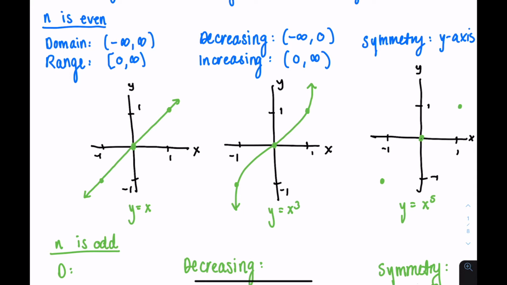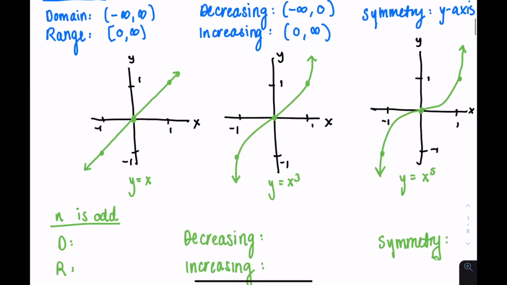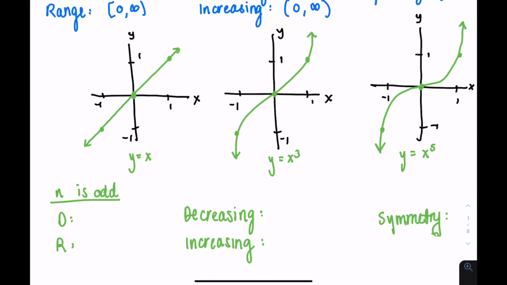And then if you look at the graph of y equals x to the 5th, it's similar, but again, it's going to be flatter in between -1 and 1. So the graph would be similar, but just kind of pushed together a little bit more. So when n is odd, your domain is still going to be all real numbers.